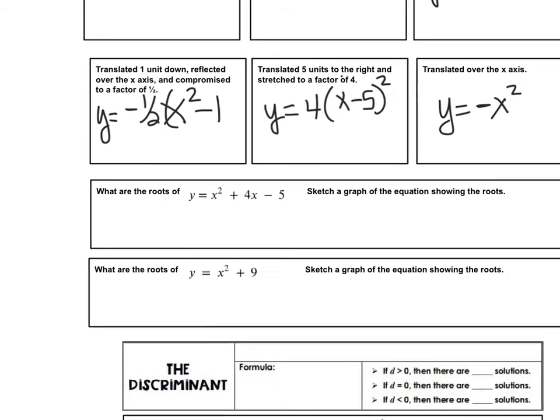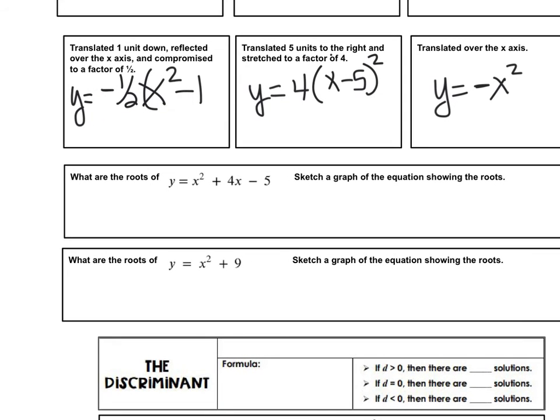Alright. What are the roots? It says to sketch an equation. Alright. So if I'm doing the roots, I know I can factor x squared plus 4x minus 5. So what are the factors of -5 that add up to 4?